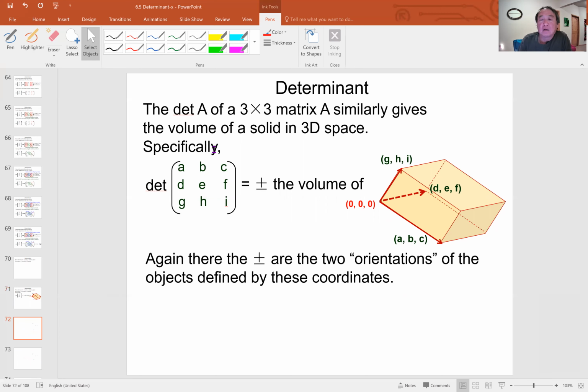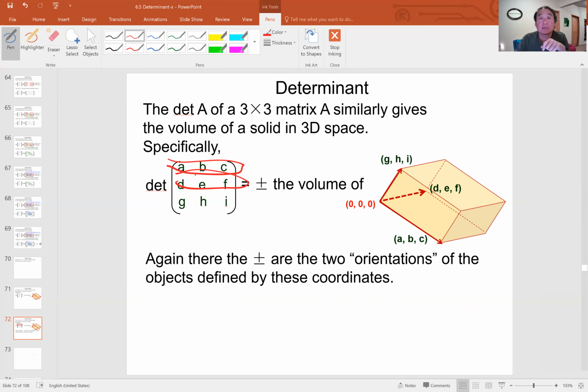Again, for any solid, you get a plus or minus sign depending on if I switch two of the rows. If I switch two of them, then I change the sign of the determinant. So you get a plus and a minus.